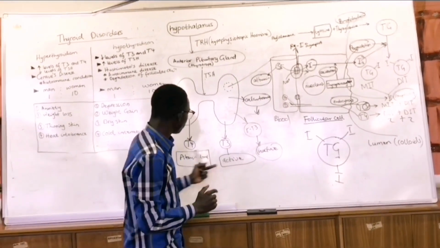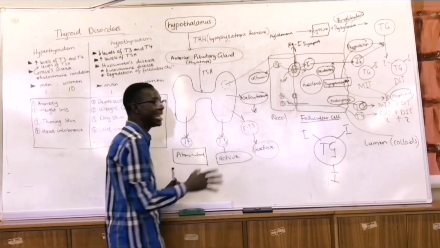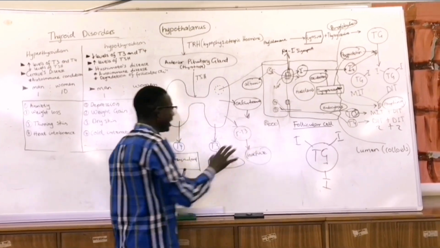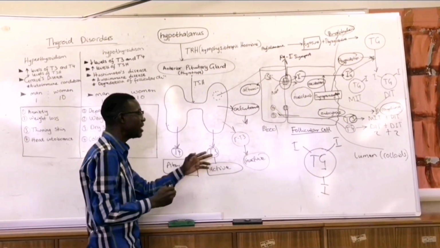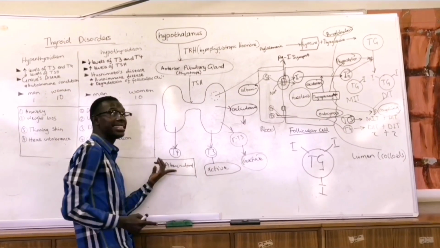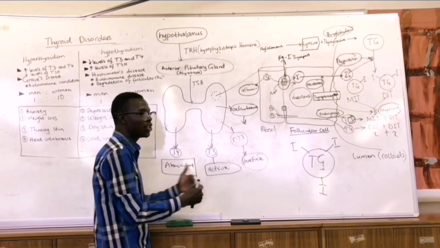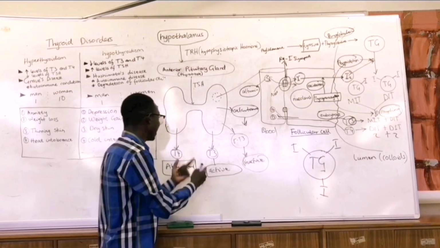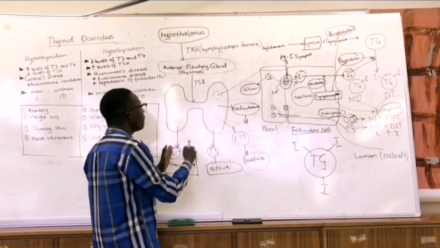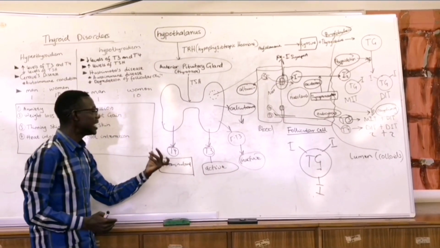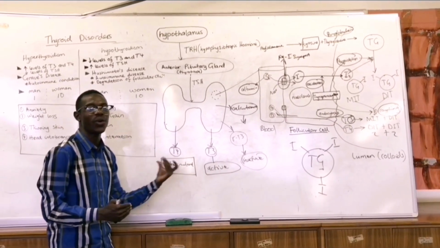As we have said here, the T4 is abundant. The T3 is not that abundant when produced by the thyroid gland, but the T3 is more active than the T4. The T3 has a shorter half-life than T4. But we can also produce T3 from T4. So T4 acts as a reservoir, a storage unit of T3.